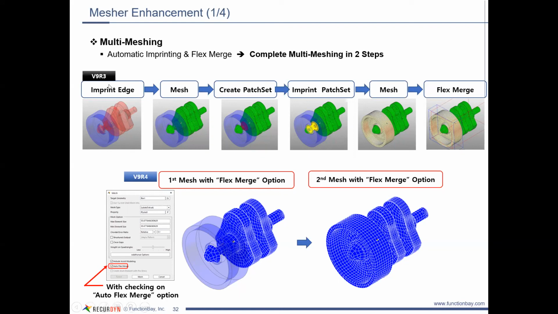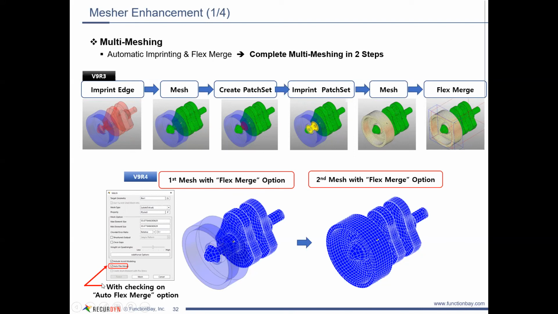So with V9R3, you had to do things like imprint an edge, look at it, identify common edges between the bodies. Then you would do some surface meshing, and then create a patch set, imprint the patch set, and then do the meshing of the second body, and then do the merge.